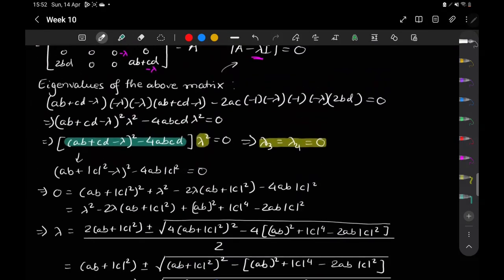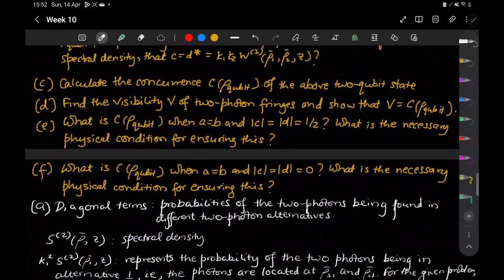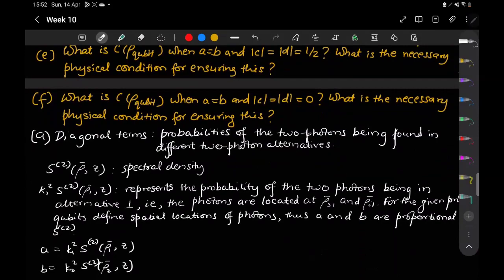Okay, so next question, part D, find the visibility.